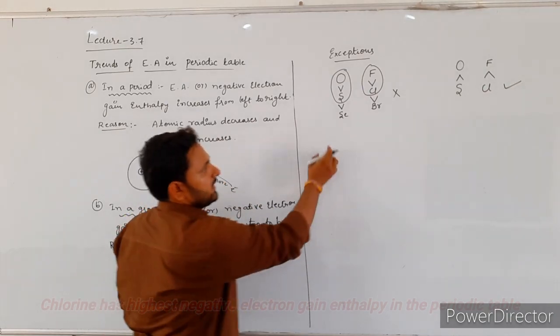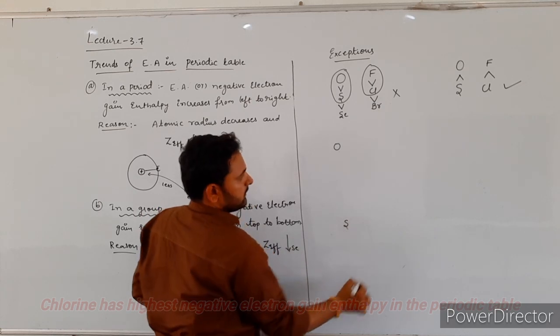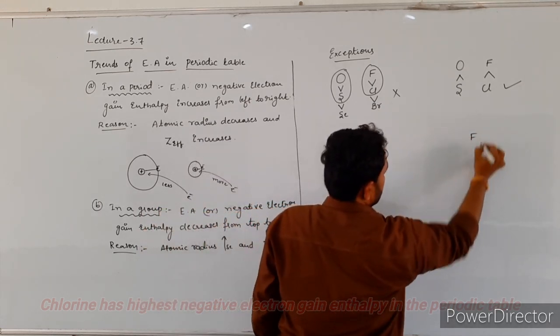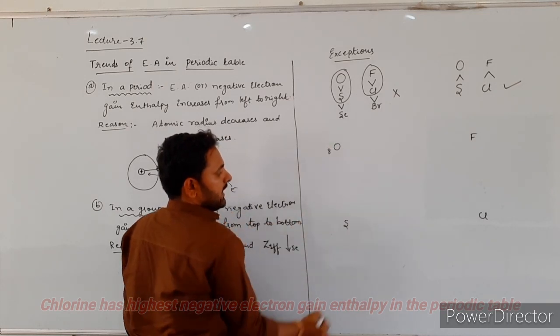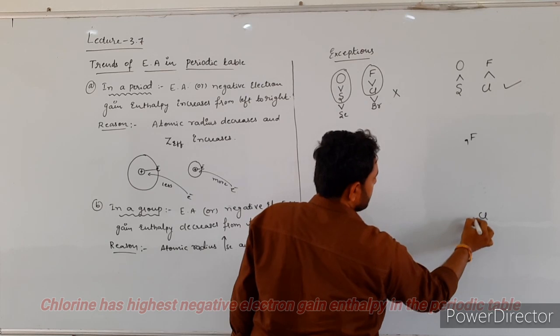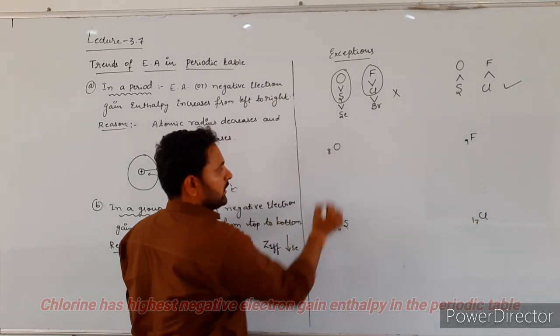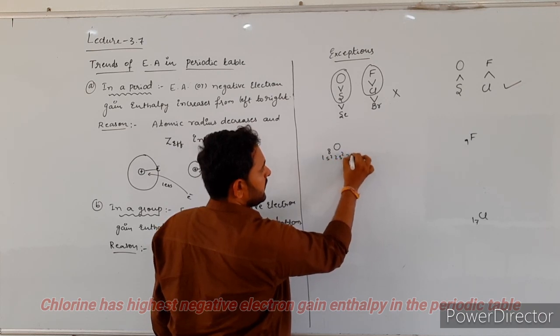I will write four elements: oxygen, sulfur, fluorine and chlorine. What is the atomic number of oxygen? 8, sulfur 16, fluorine 9, chlorine 17. Now write the electronic configuration. For oxygen: 1s2, 2s2, 2p4.